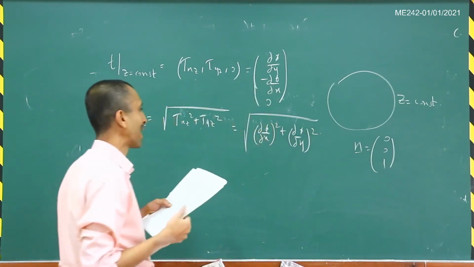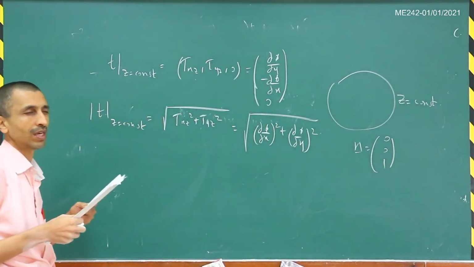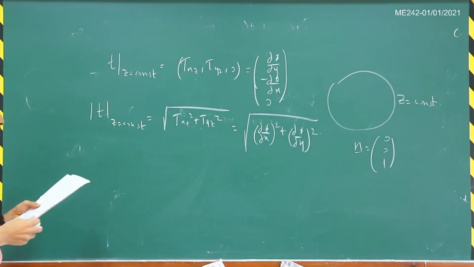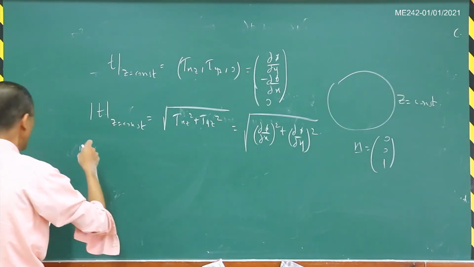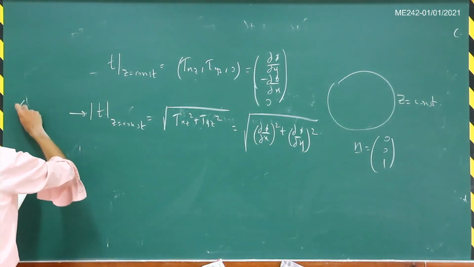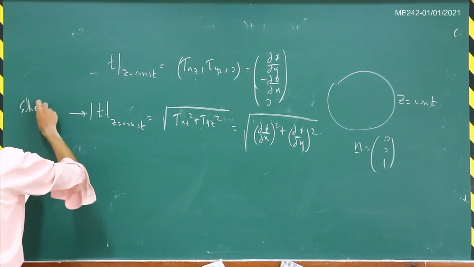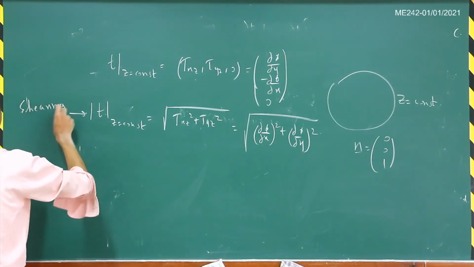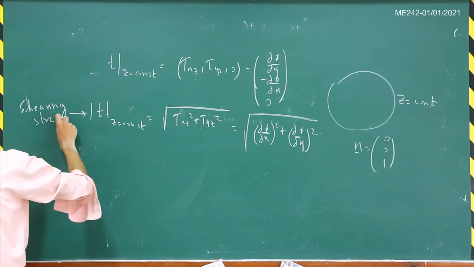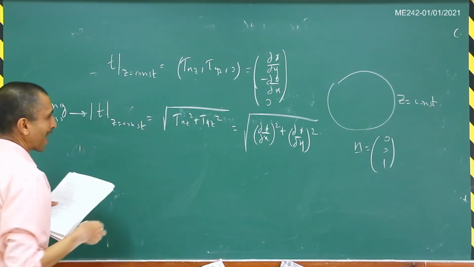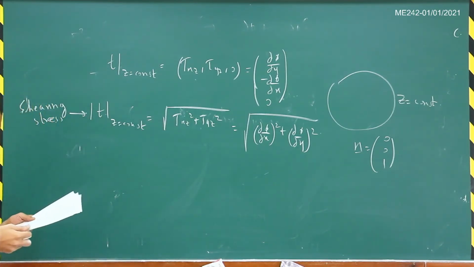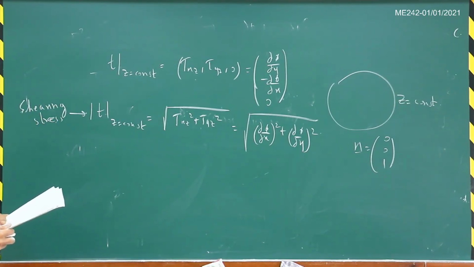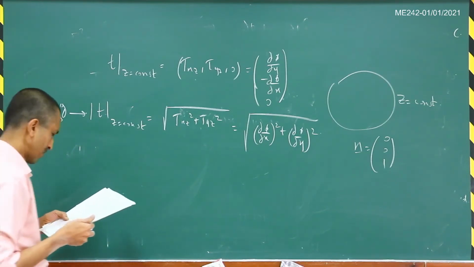So this is the magnitude of the shearing stress. This term is called the shearing stress. And this is the magnitude of that particular shearing stress that acts on this surface z equal to constant here.